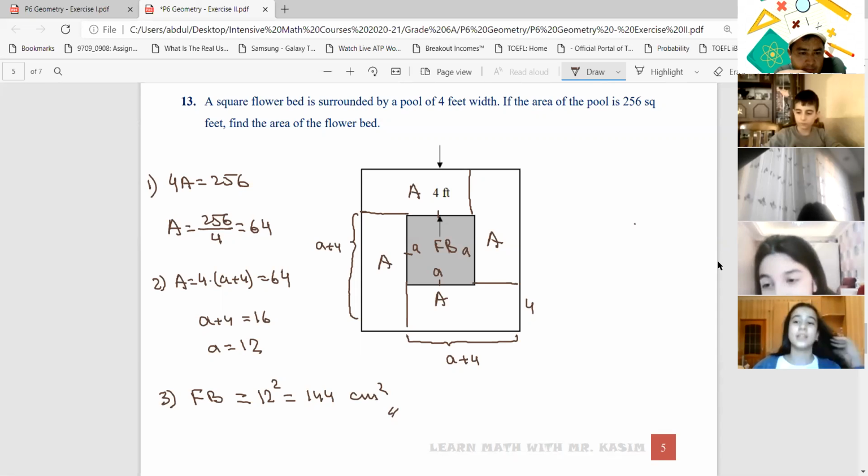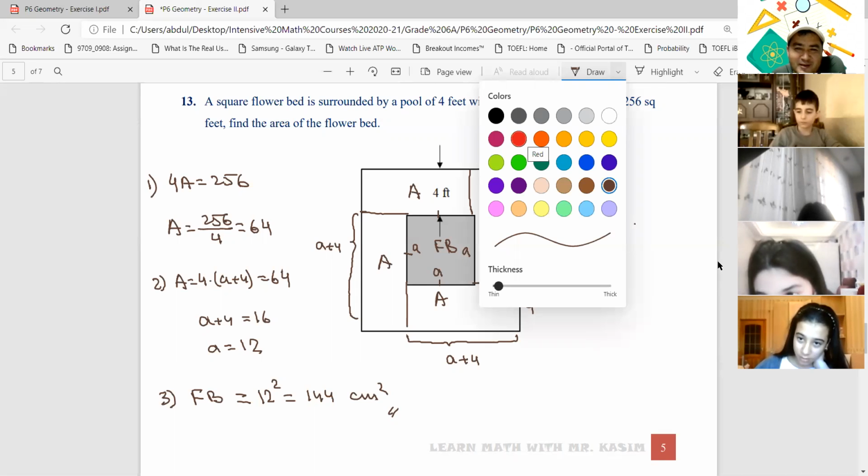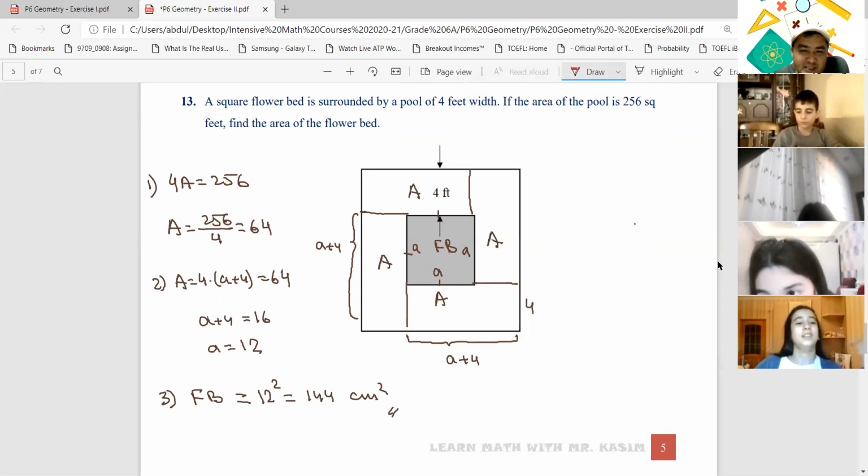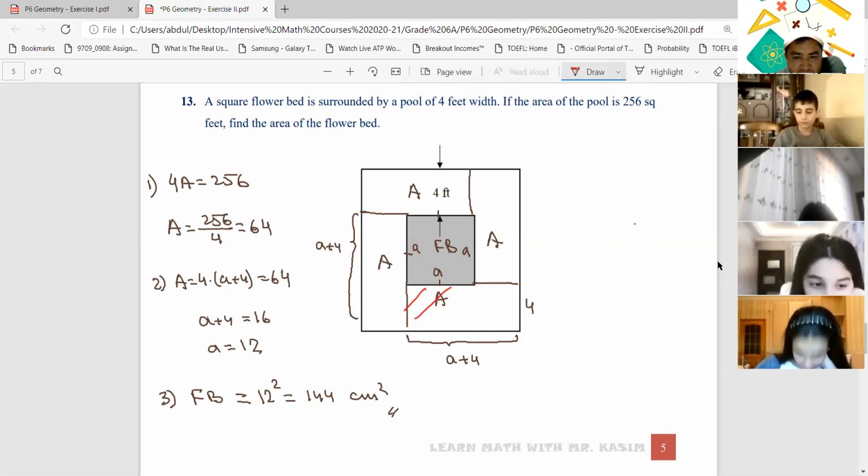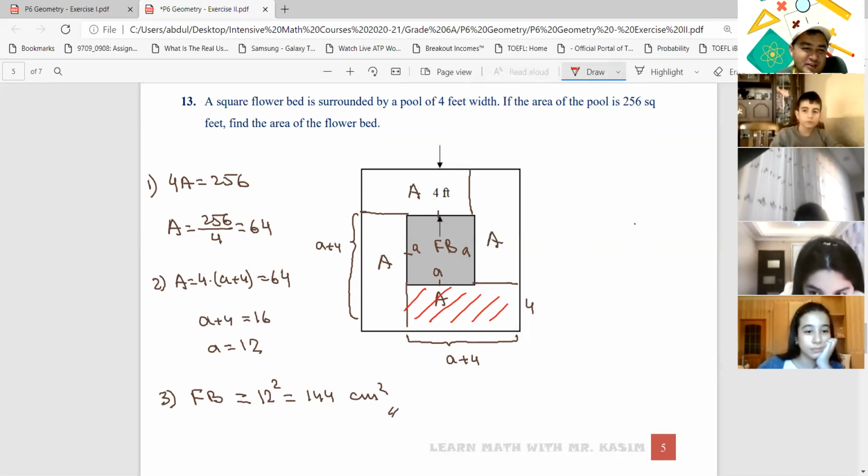I just got 64 and thought that it's the correct answer. No, it's not the answer. Oh, Mariam, you should not think like this. Yes, 64 is the area of one rectangle, right? Yes, I see. But actually, we need to find the area of this flower bed. It's a square shape. Yeah, I understood. Okay, step by step, you will change this habit.